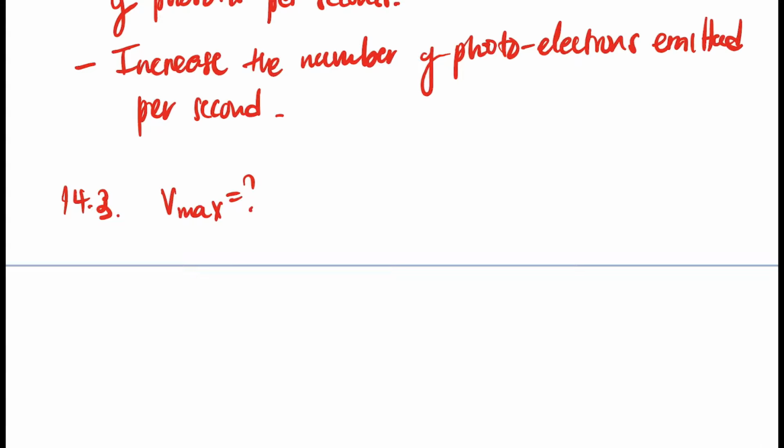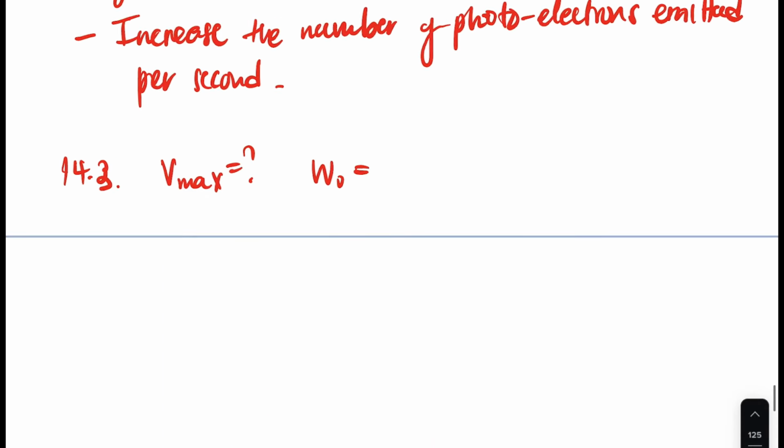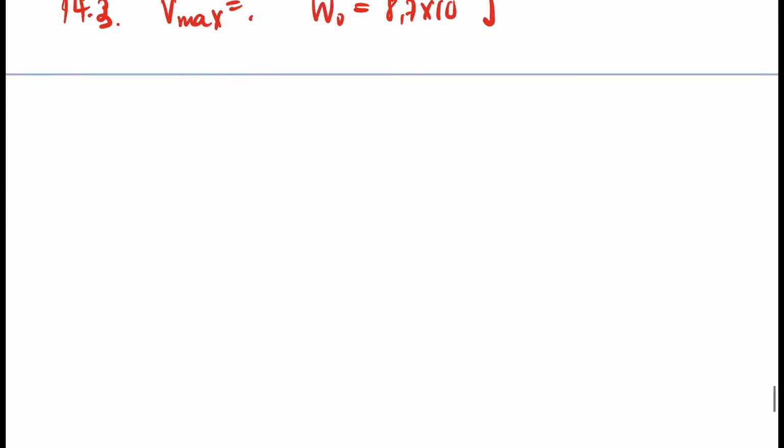We are given the work function, which is 8.7 times 10 to the power negative 19 joules. So which formula are we using? We use the formula: energy is equal to work function plus EK max, right?